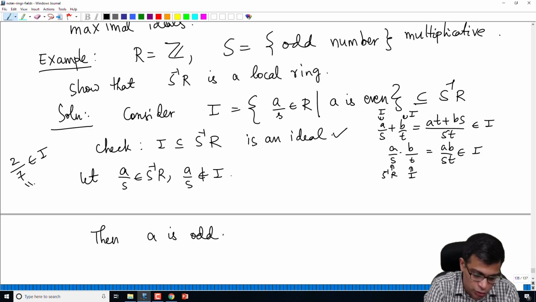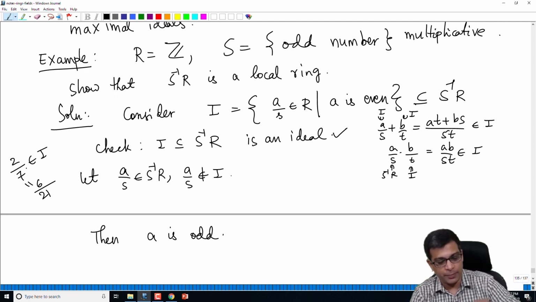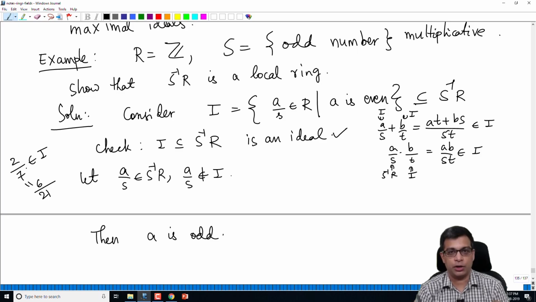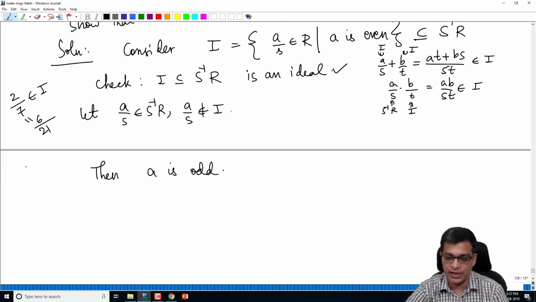But 2 by 7 may also be written as 6 by 21 by multiplying by 3 on both sides. Even with the representation 6 by 21, the numerator is even. You can never write this with an odd number on top divided by an odd number, because when you cross multiply, one will be even and the other odd, which cannot happen. So this is well defined. I am suppressing that here. You can ask in the discussion forum any questions about this or work it out for yourself, but this is a well defined ideal, a well defined set.